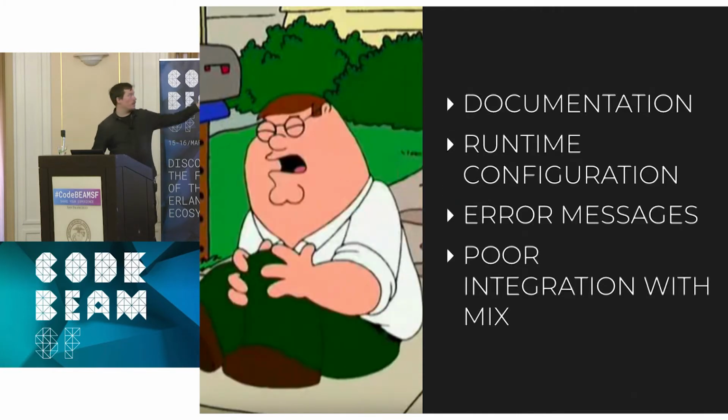So these are the main highlights of what is most painful today with Distillery. The documentation is present, and there's a lot of it, but it's not great. Runtime configuration is a big one. Hands down, I hear about that more than anything else. There are some error messages which are not very friendly. Once things are started, Elixir takes over and you get normal Elixir errors.